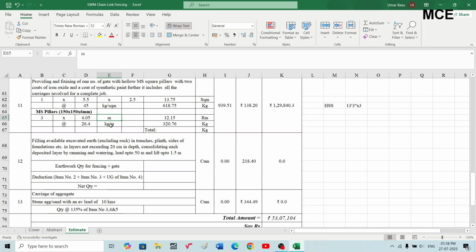And the weight per meter for this HSS 150 into 150 into 6 mm is 26.4 kg per meter. So the total will be 320.76 kg, the weight required for these 3 MS pillars.